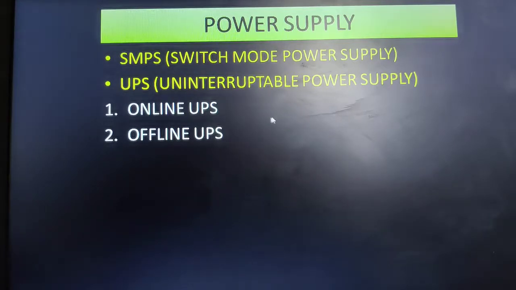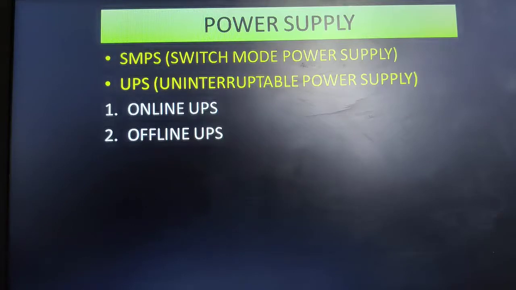So that your computer system keeps working, we should make sure there is a continuous power supply to it. All computers come with a power supply. There are basically 2 types of power supply connected to the computer system: one is SMPS, that is switch mode power supply, or it might be the UPS, that is uninterruptible power supply.